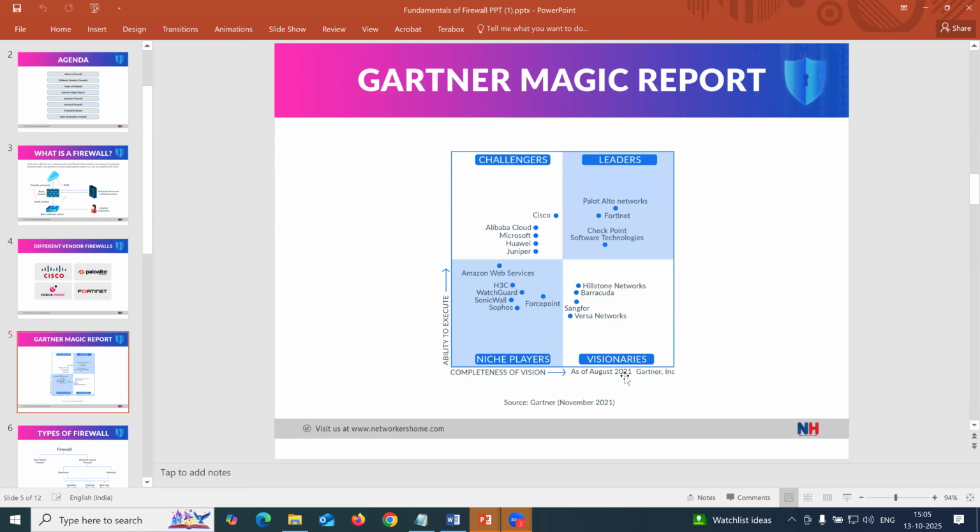According to the Gartner Magic Quadrant of 2021, Palo Alto, Fortinet, Checkpoint, and Cisco are among the leaders. From September 2022 onwards, Fortinet is at the top, Palo Alto second, and Checkpoint third. So that's how things have changed.